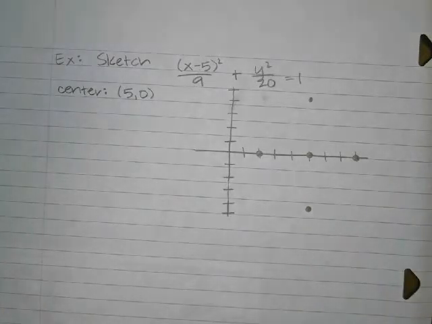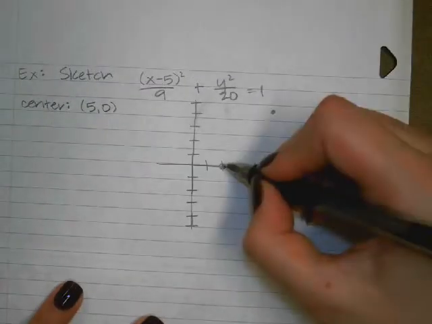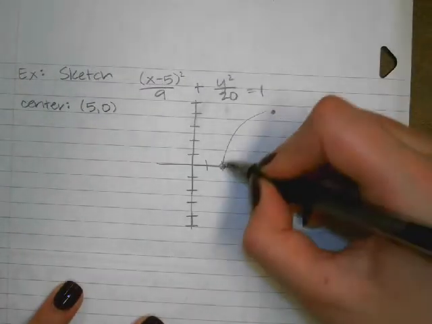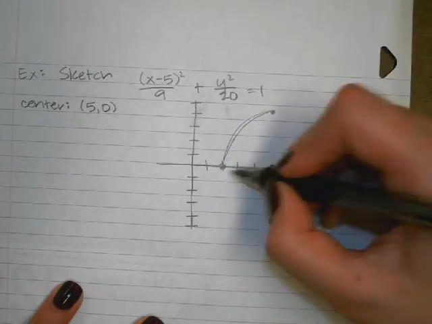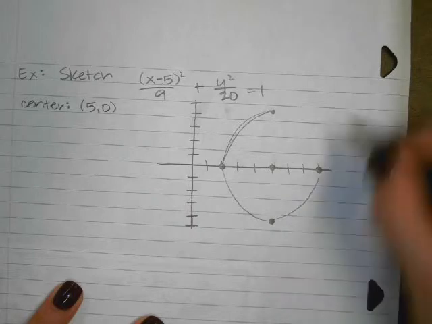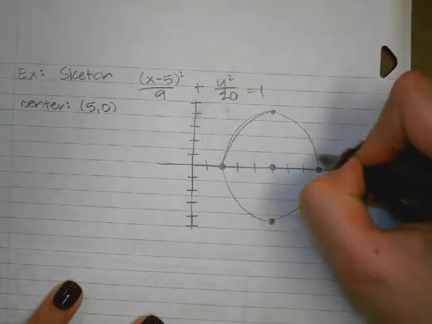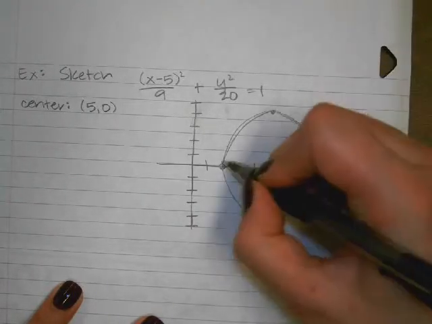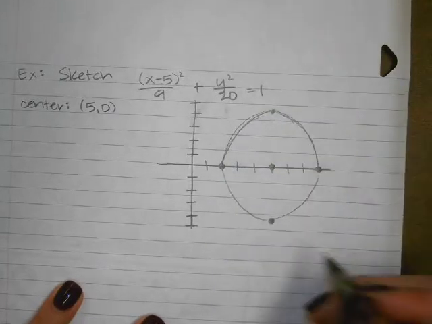Okay, so left and right 3, up and down 4.5. Okay, that kind of looks okay.